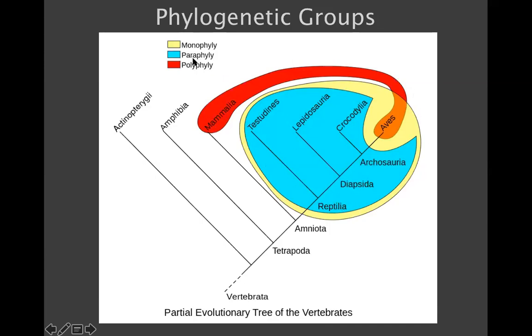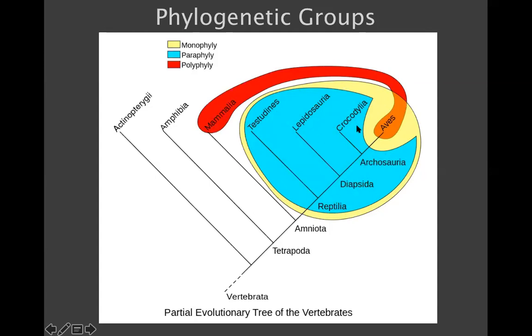Now, the paraphyletic group contains the common ancestor, but it leaves birds out. And that's understandable, because reptiles are different than birds, but in an evolutionary construct, they are descended from this ancestor, so they should be included in this clade. So that's paraphyly.